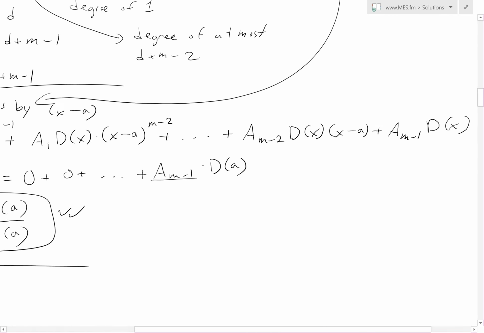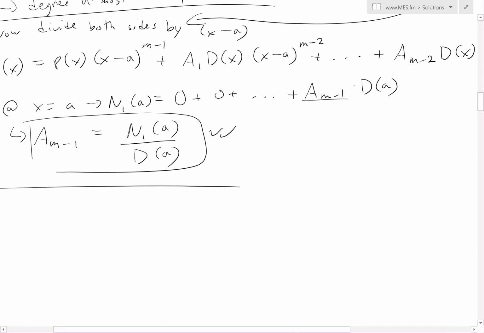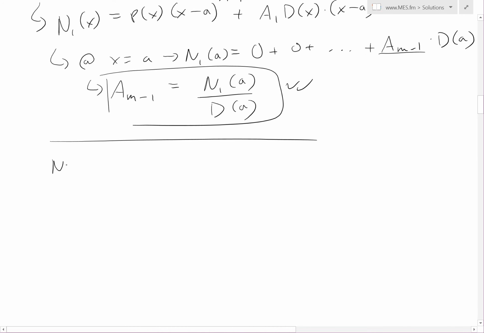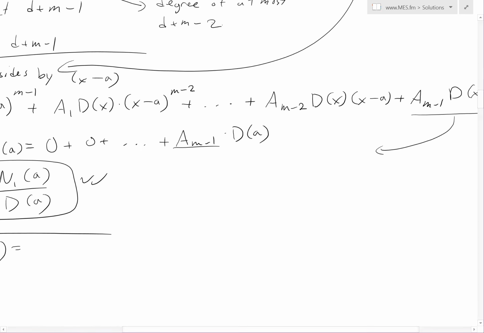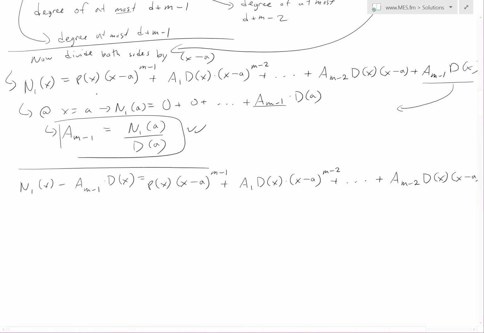So if we look at where this ends up, moving this to the left side, we get n1 of x minus a m minus 1 times d of x right here, and now this equals this whole right side. And here I've copied and pasted this whole side all the way down here.